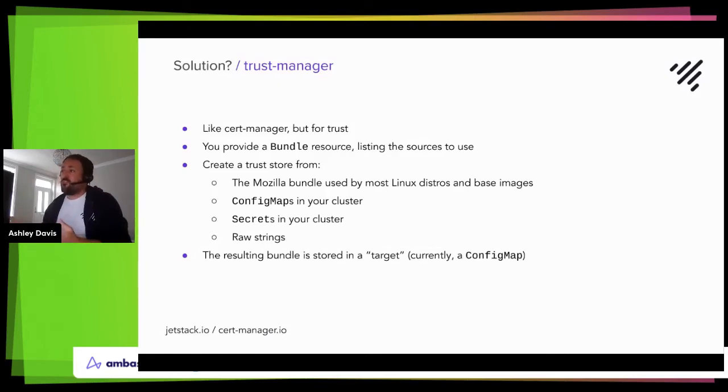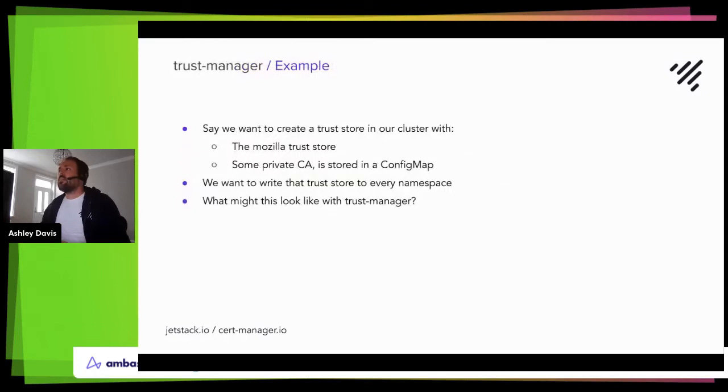It does what cert-manager does, but with trust stores instead of certificates. So you write a bundle resource in YAML or whatever. You list what you want in that bundle. That might be a publicly trusted bundle like the Mozilla one that you're already using, most likely. It could come from a config map or a secret or whatever. And then we can write that into some target, which currently we define as being a config map, because that works for this use case.